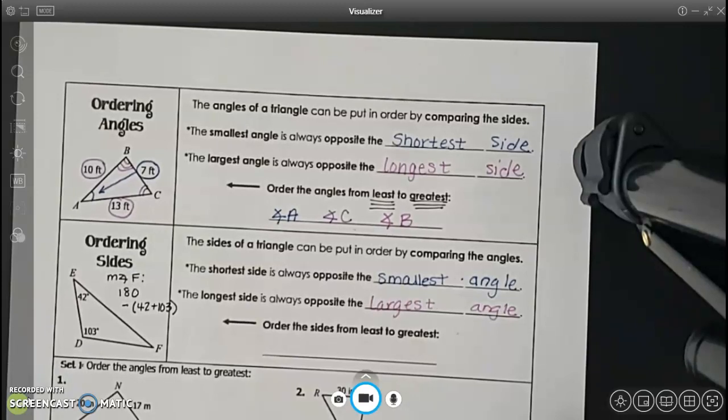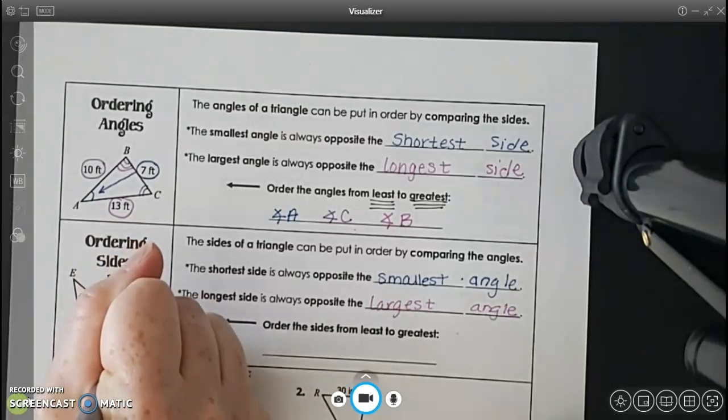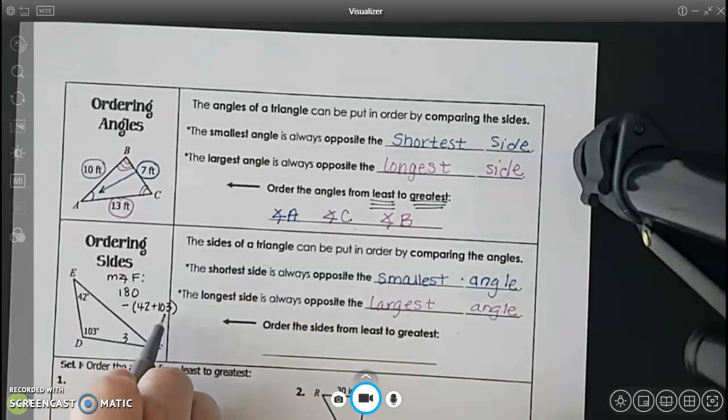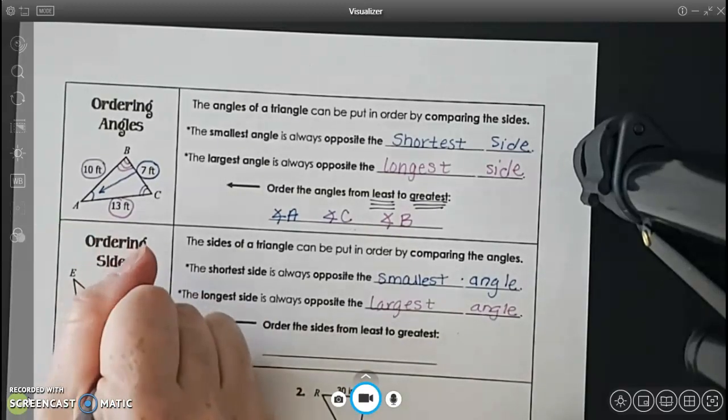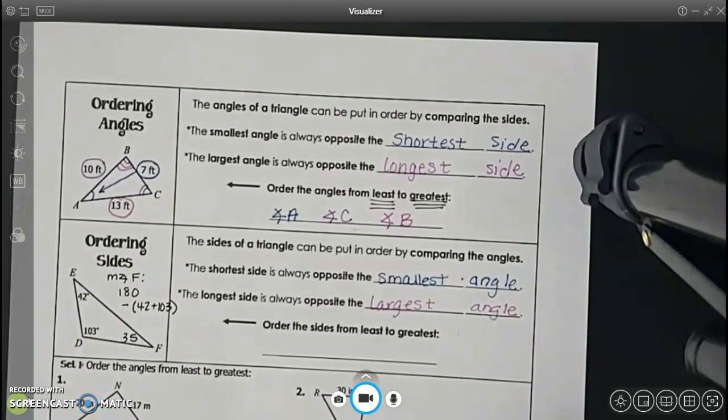Oops, sorry, not 143. 42 and 103 is going to be 145. So our missing angle is going to be 35. Sorry about that. So angle F is 35.